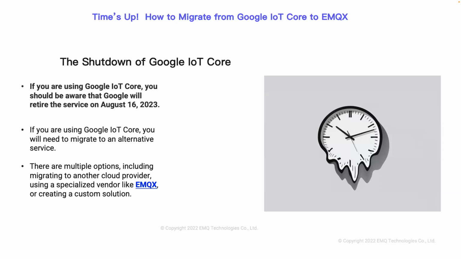After August 16th, if you haven't migrated your edge devices, the network communication will cease. That service is completely going away. If you do nothing, the devices will stop communicating.